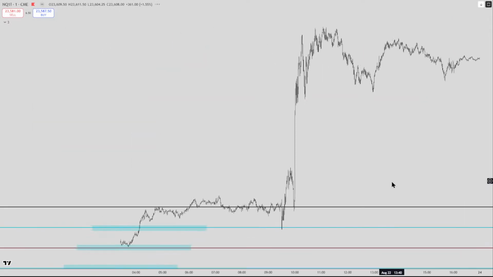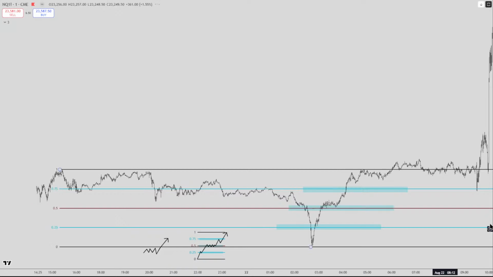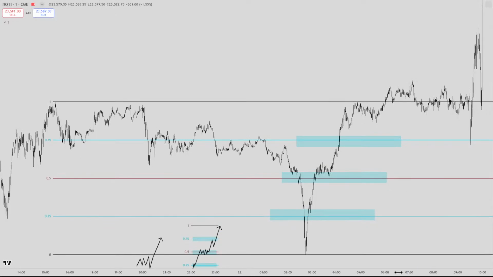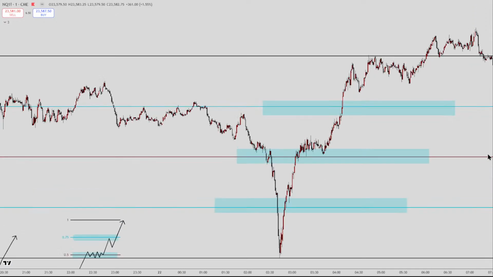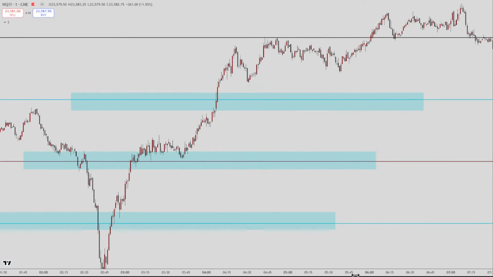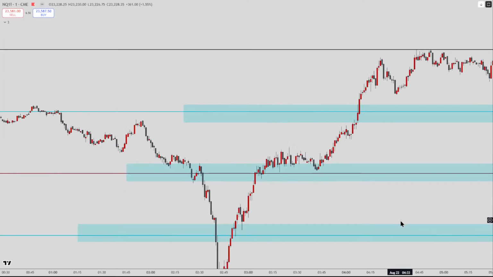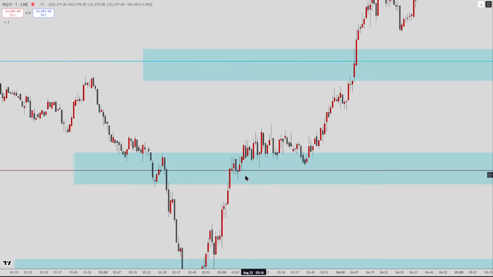And then you want to drop time frames. Say this wasn't enough for you, this is equilibrium, by the way. Say you wanted to see this low swept.